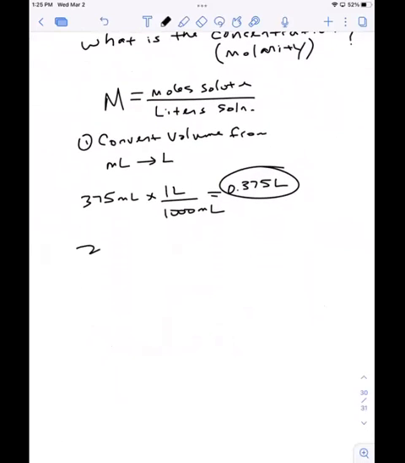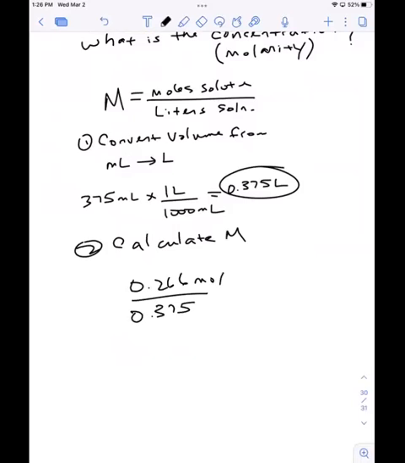Now we just need to calculate the molarity by taking the number of moles, 0.266. Somebody go ahead and be calculating that. Moles divided by 0.375 liters. What do we have?